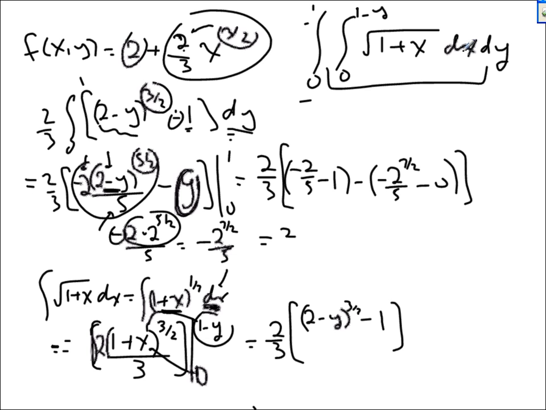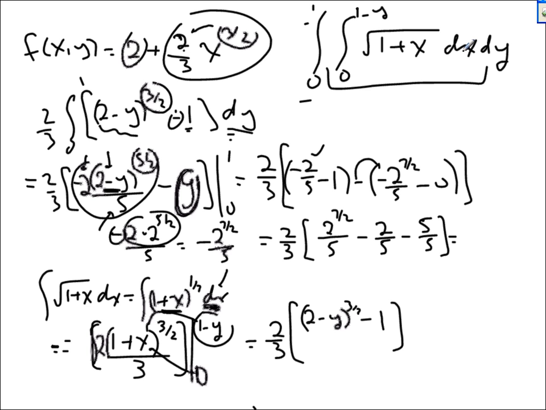So what you get is 2/3 times. Since you're taking away a negative, that's going to become positive. And it's the only positive stuff. Is 2 to the 7 halves over 5 minus 2 over 5 minus 1, which I'll think of as 5 over 5.